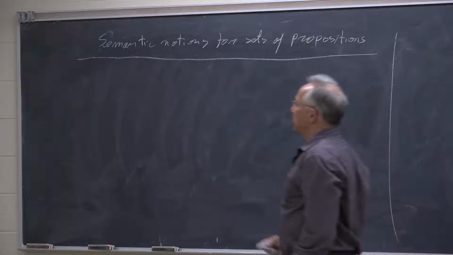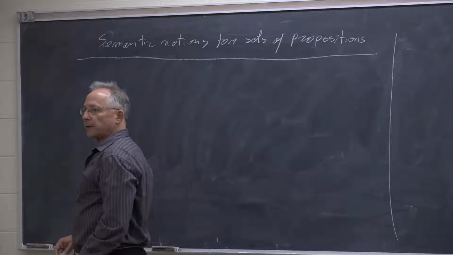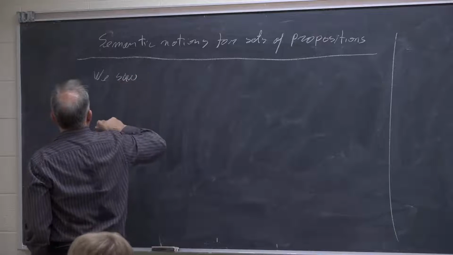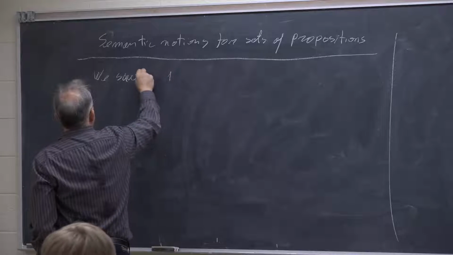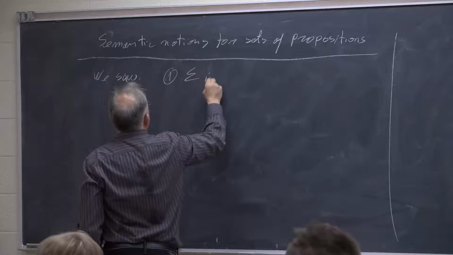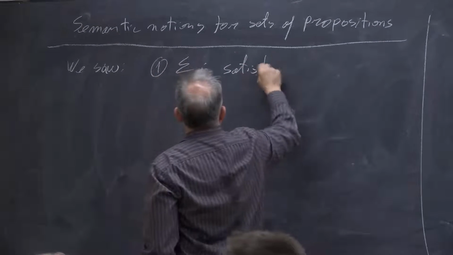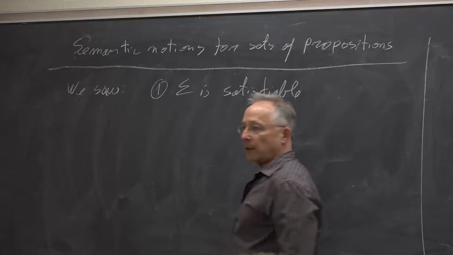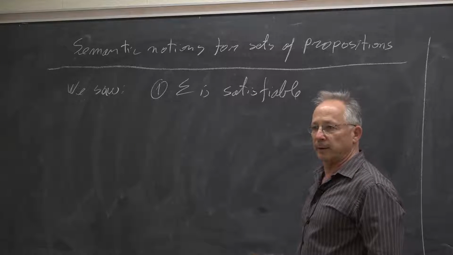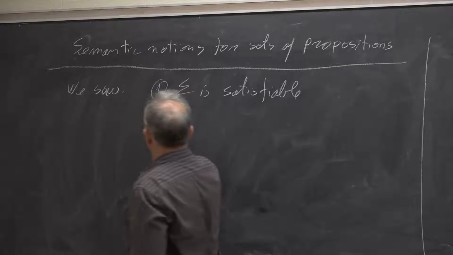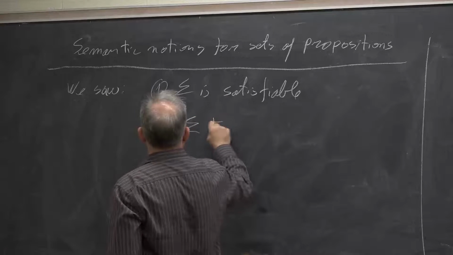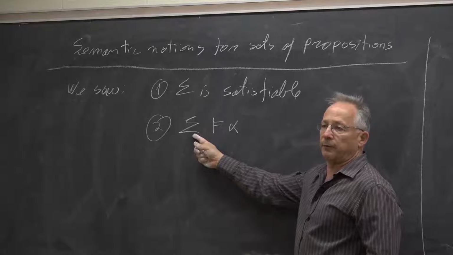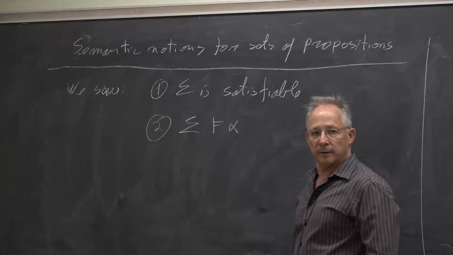What we saw so far is 2 notions. One was that sigma is satisfiable, meaning we had a truth assignment that satisfies every formula in sigma. The other one was that sigma logically implies some alpha: every truth assignment that satisfies every member of sigma also satisfies alpha.